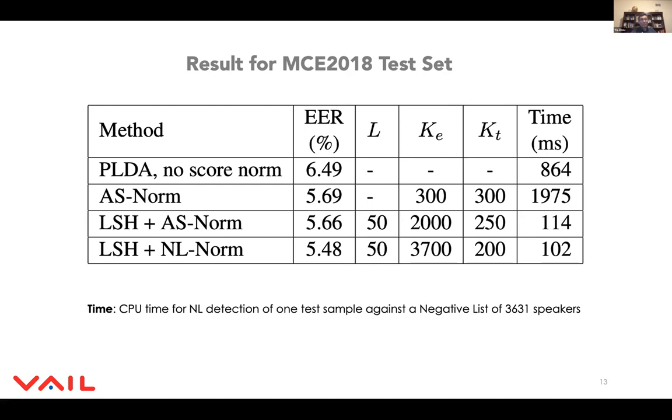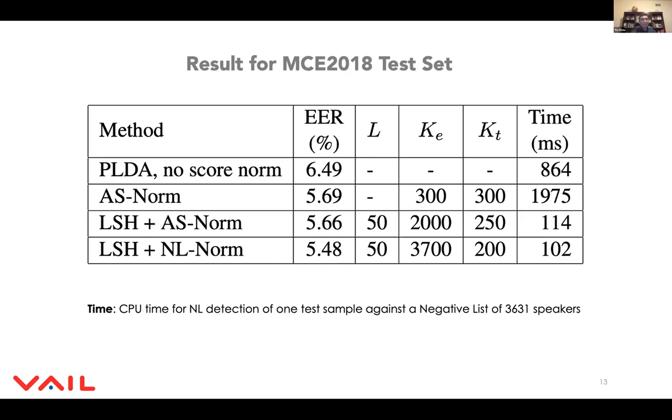Another set of data I want to look at is the time it takes to process a single test sample against the entire negative list, and that's shown in the time column on the right. For the baseline method, using PLDA only without score normalization, the EER for the test set is 6.49%, and it takes 864 milliseconds to process a single test sample.